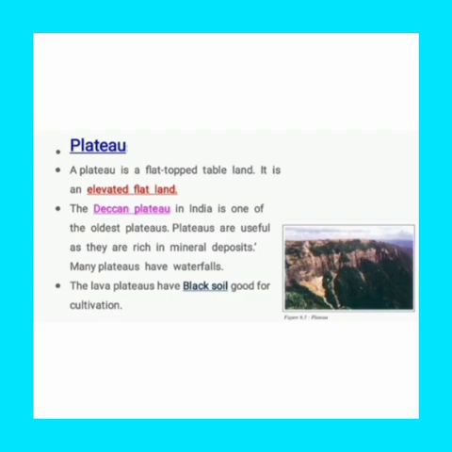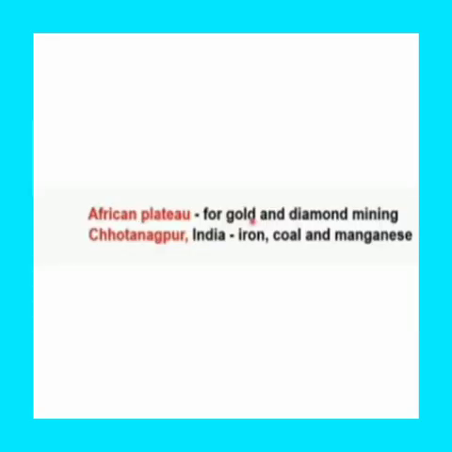Many plateaus have waterfalls. The lava plateaus have black soil good for cultivation. The African plateau is famous for gold and diamond mining. In India, huge reserves of iron, coal and manganese are found in the Chota Nagpur plateau.